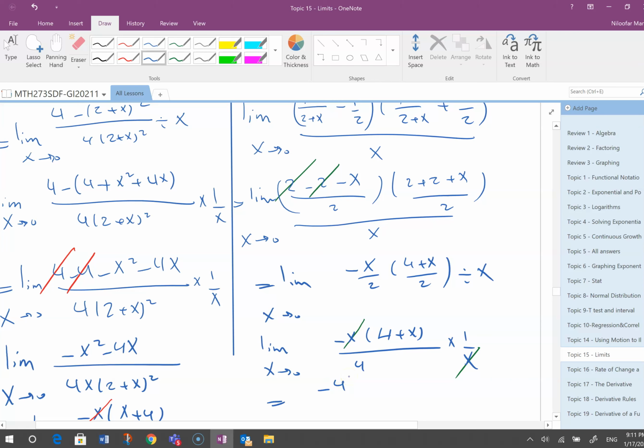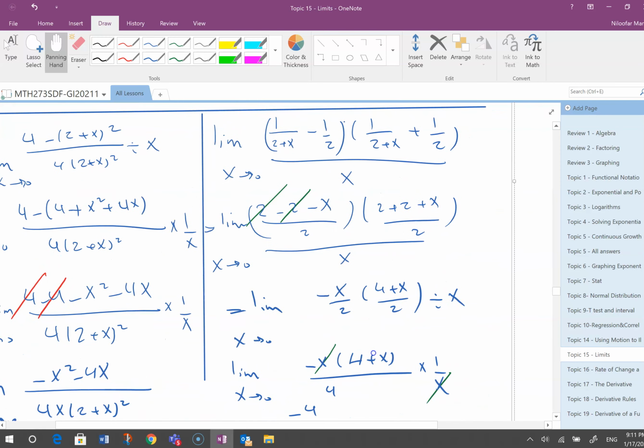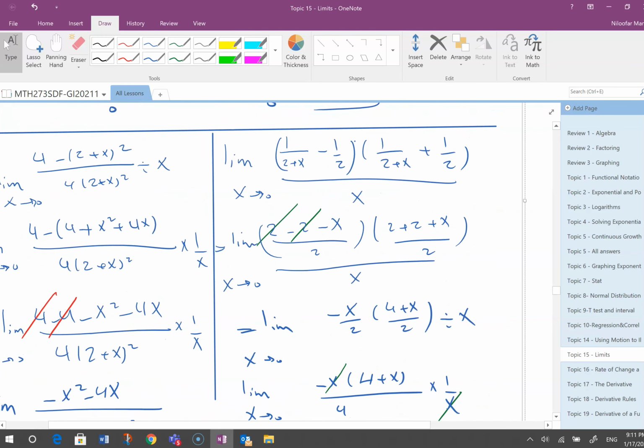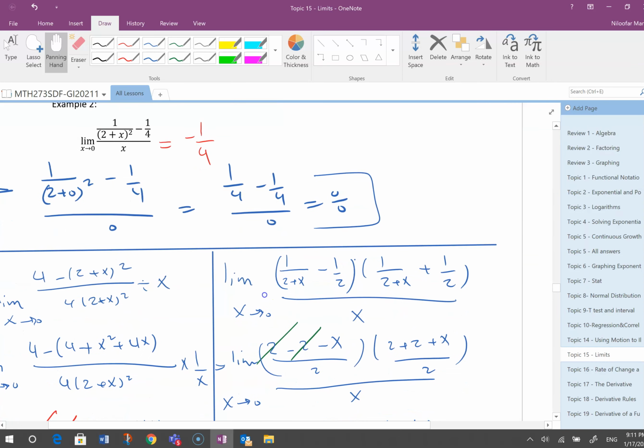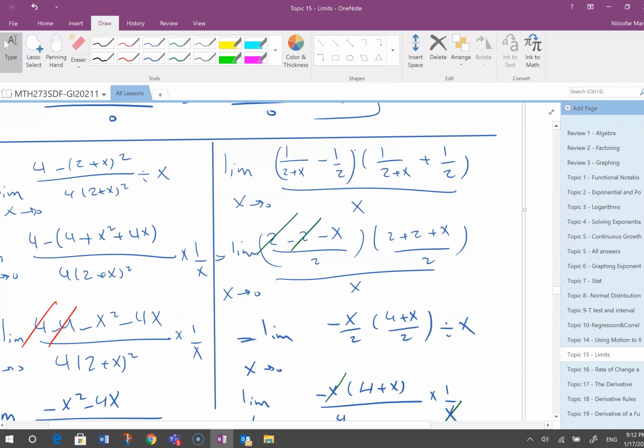Let me see, I made a mistake somewhere maybe. Okay, so the answer is minus 1 over 4. So what did I do here? 1 over 2 plus x minus 1 over 2, and plus 1 over 2, and this, and then I have 2 minus (2 plus x) and 2 plus that.